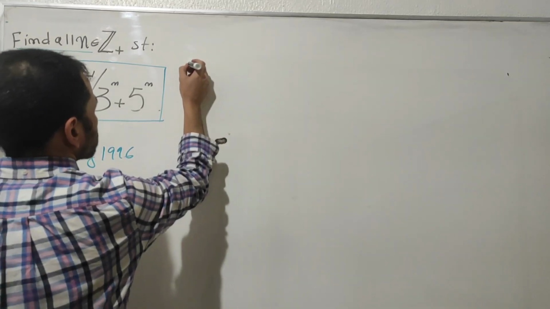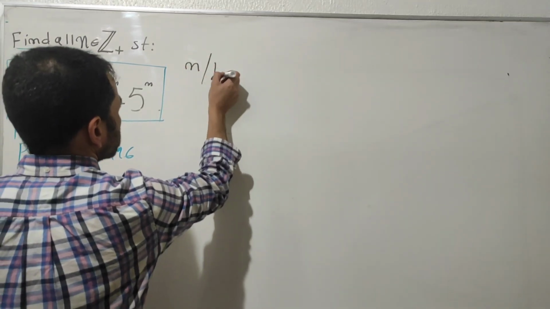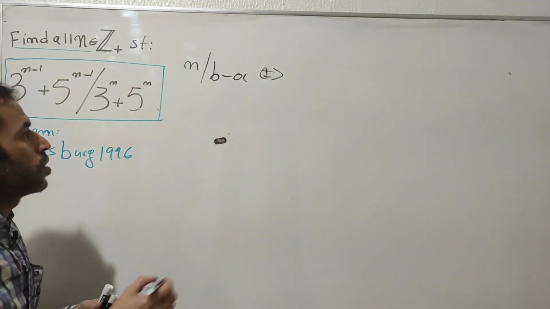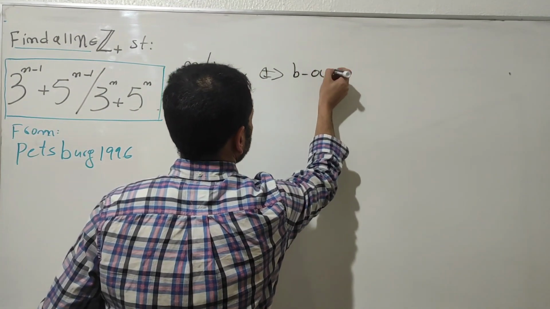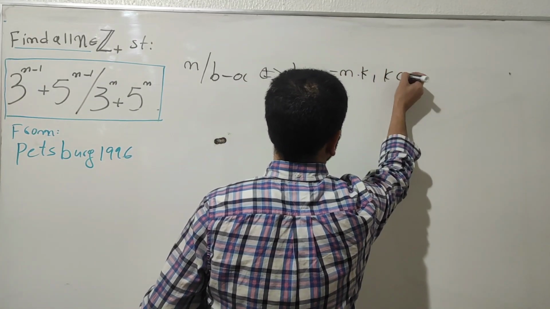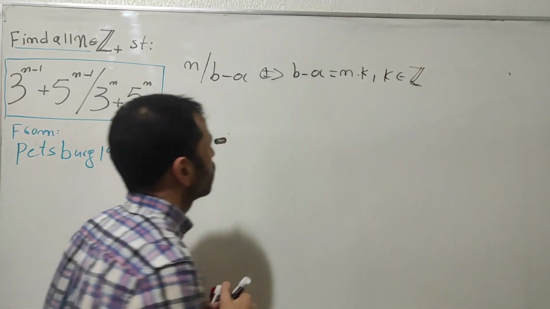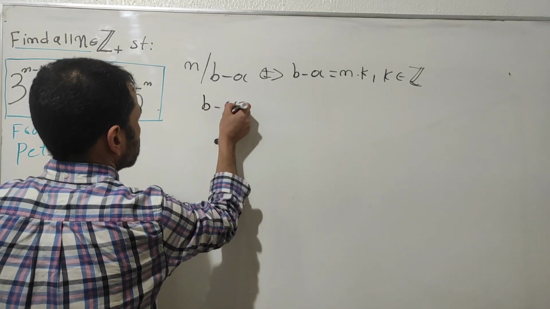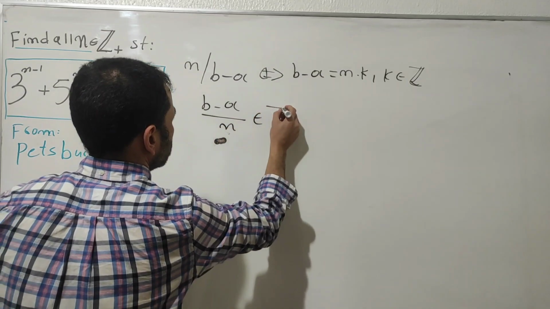We are saying n divides b minus a. An equivalent statement is b minus a equals n times k, where k is some integer, or (b minus a) over n is an integer.